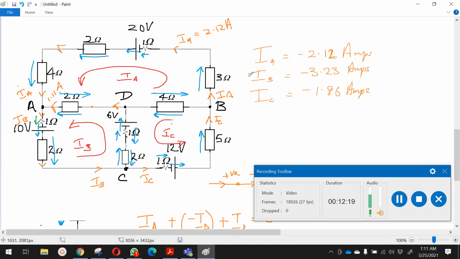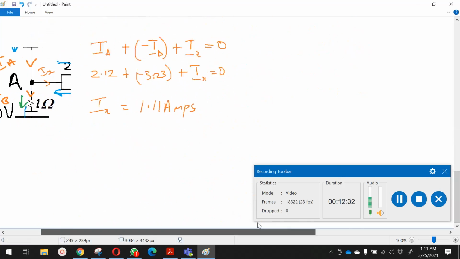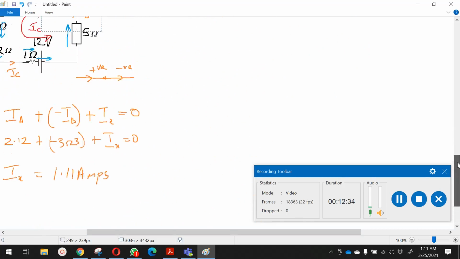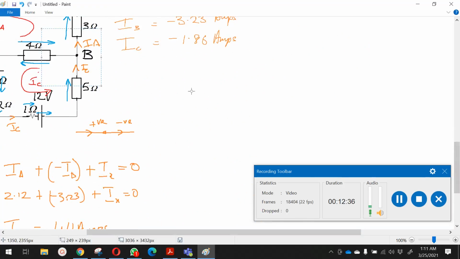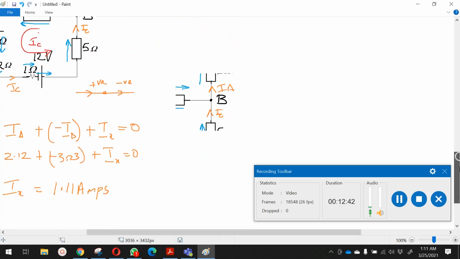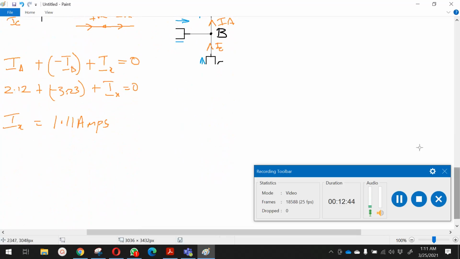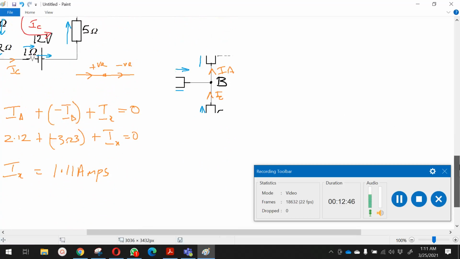So just like before, I don't want to spoil what's going on here, so let me select it out and bring it down so we can work in isolation. At junction B, we say the same sort of thing.